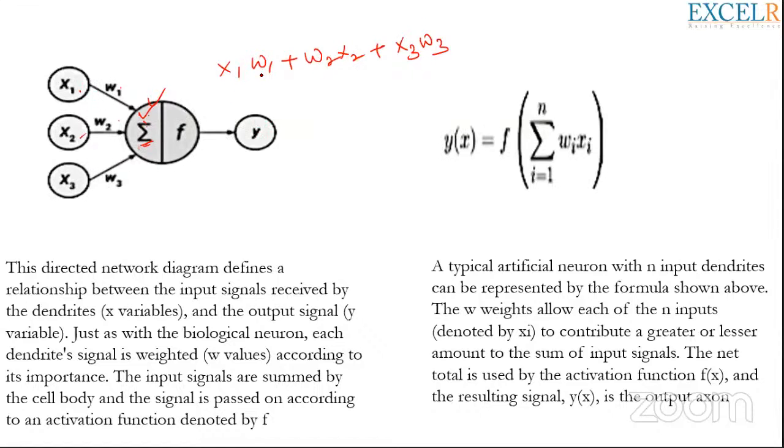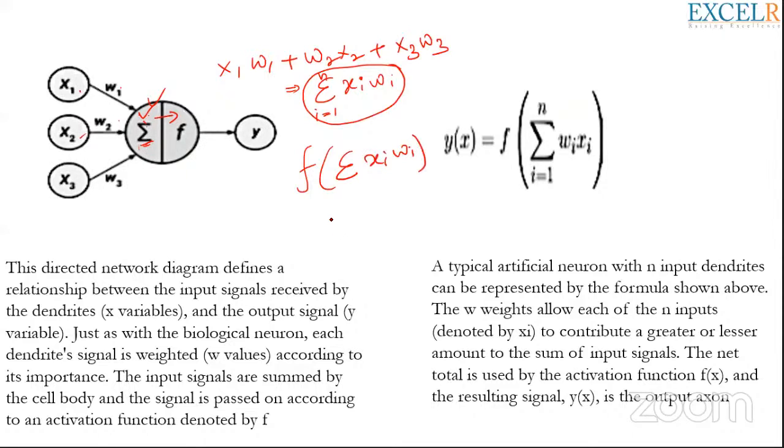Since we have x1 w1, x2 w2, let me use sigma xi wi, with i equal to 1 to n, where n is the number of input variables we have. Once I have this information, I send it through an activation function. That means f of sigma xi wi, and then I get the output from here.